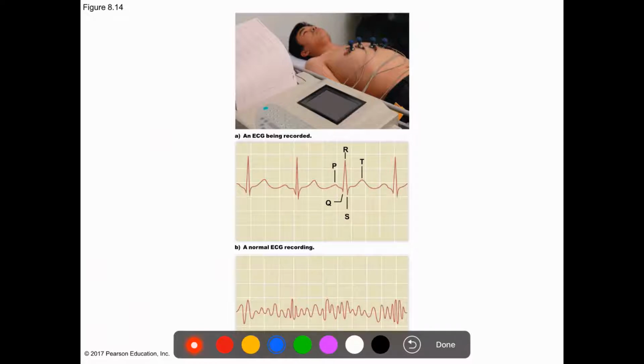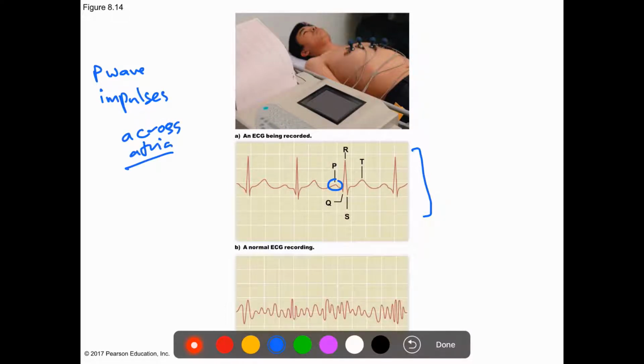It has been found that the electrical current in the heart can draw an ECG wave, and this wave is made out of mainly three peaks. The P wave, which is this one, the first one, means that impulses are going across the atria. So both atria are receiving impulses.